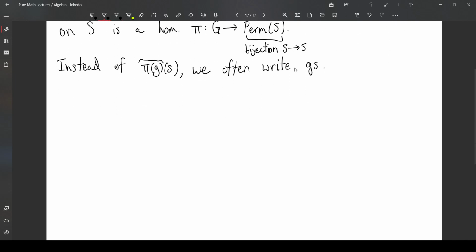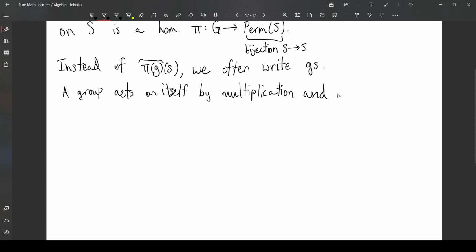Now, obviously, we can see that a group acts on itself by multiplication and conjugation.